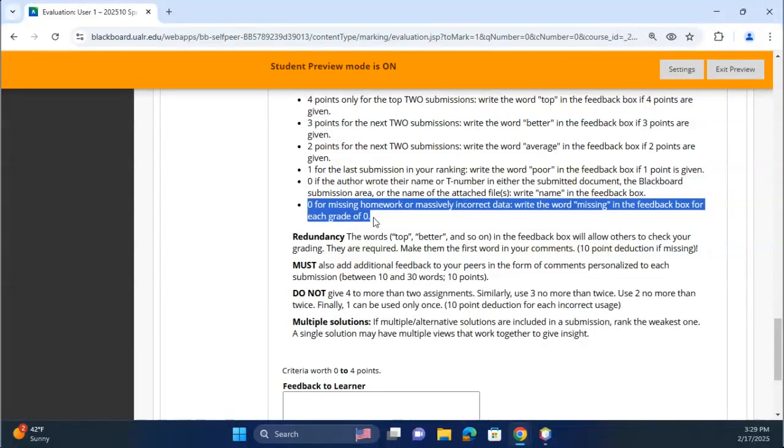Or they're missing quite a lot of the data. It's just not there. If you disagree with the way they presented it, then maybe it's a 1 or a 2. But at the end of the day, it's not a 0 unless it's a massively wrong thing in there.